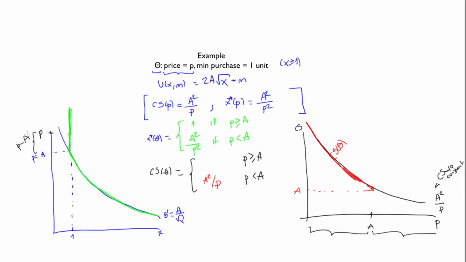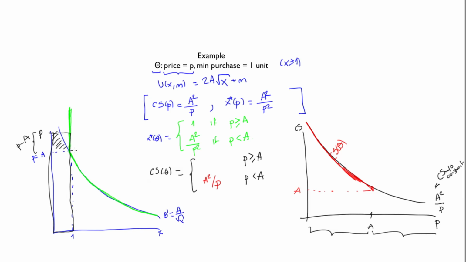Now, your consumer surplus when the price was A was given by exactly this area, which was, of course, all of the area under the marginal benefit function minus the price that you paid for it. We've seen that several times so far. Now, what has changed? You still get to consume 1 unit, so you still get that, but now you have to pay all of this price instead of only that.